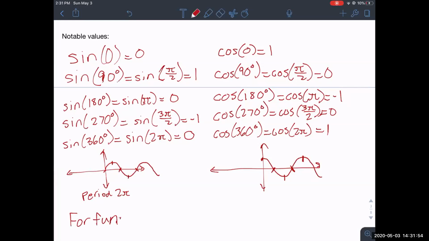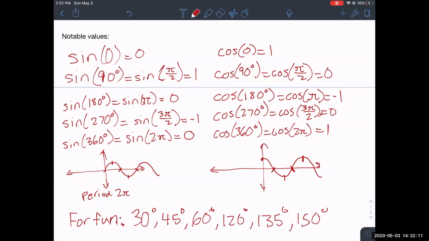Use Google to find the notable values for 30 degrees, 45 degrees, 60 degrees, 120 degrees, 135, and 150 degrees. Those values are pretty important, so check those out when you have the time.